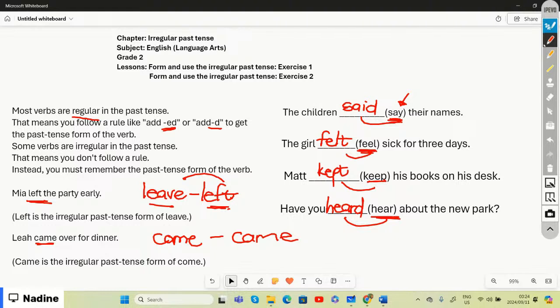Everybody understand? Everybody okay? Can we continue?